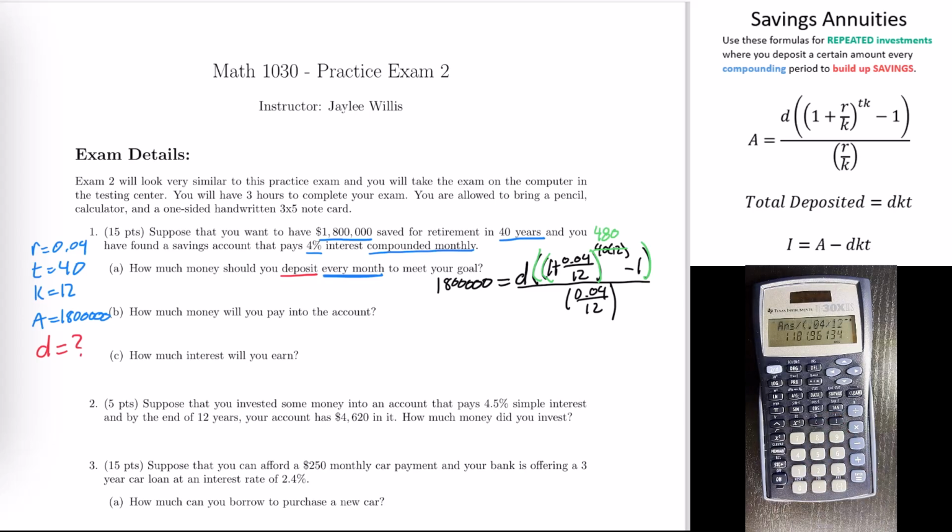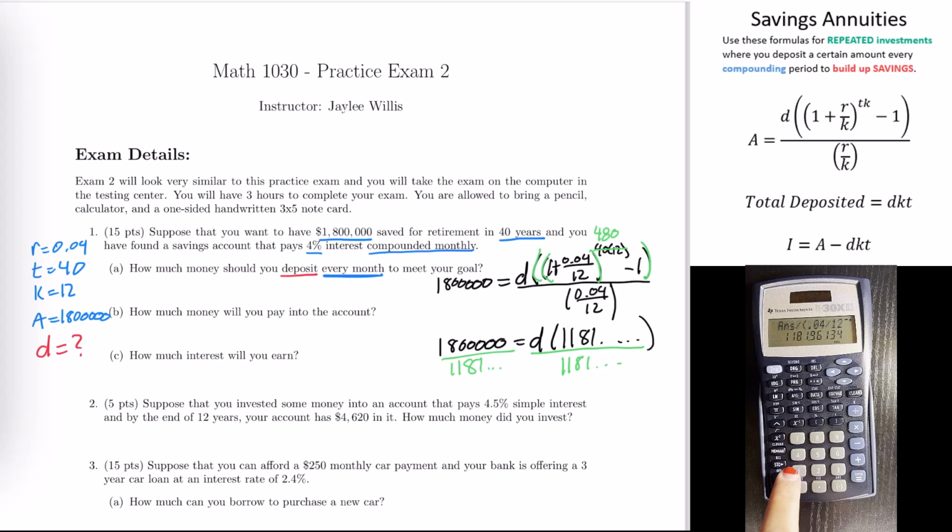And what I have now is that 1.8 million equals the variable d times this 1,081 point whatever number. And so to figure out what the variable d is, I'm going to divide both sides by this 1,081 point whatever number that I have stored in my calculator.